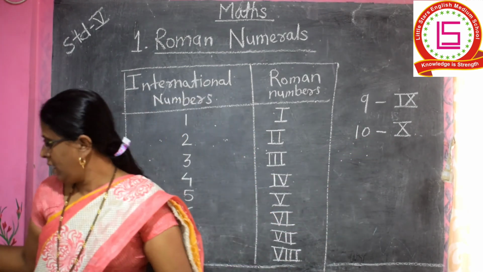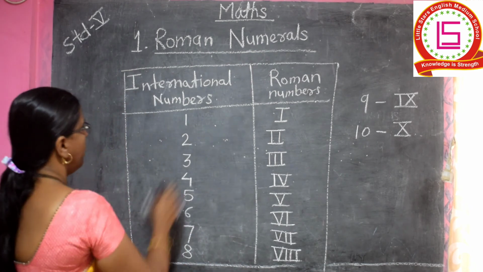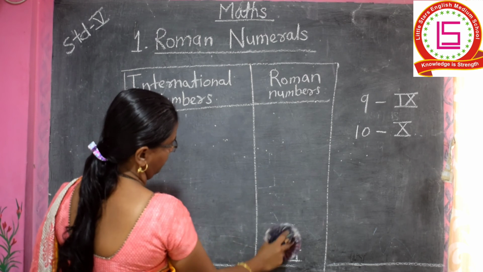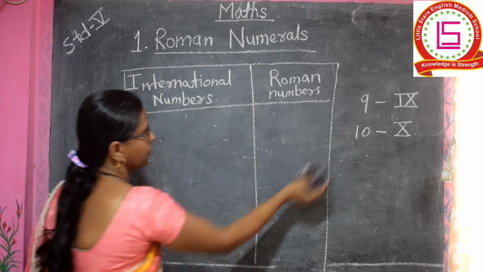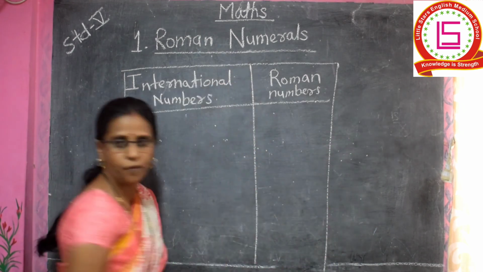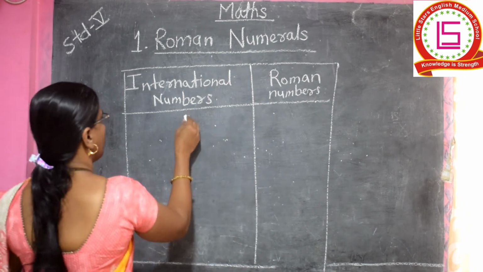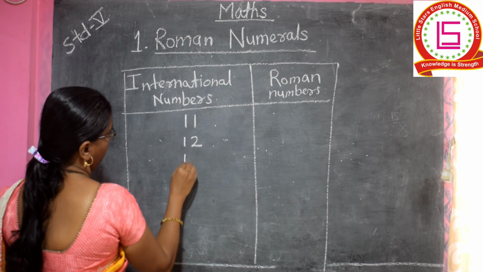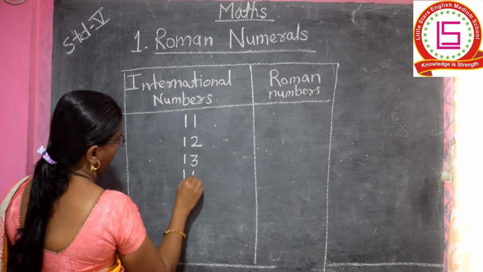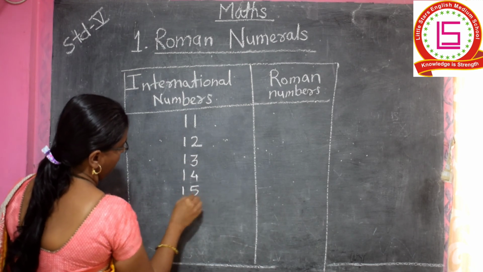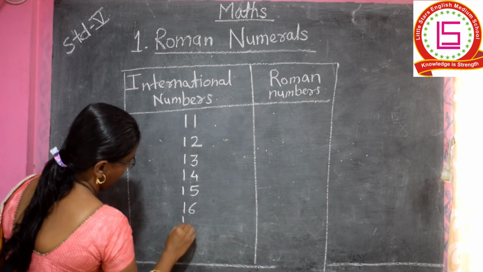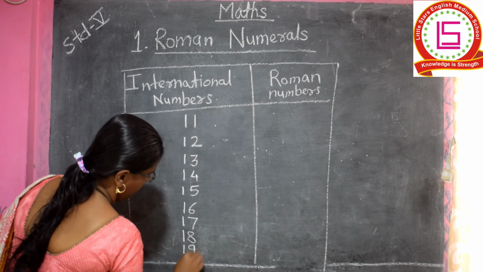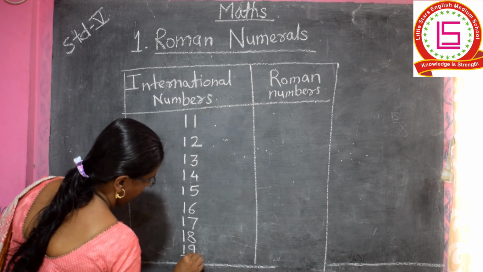Then after 10, you write 11 to 20. 11, 12, 13, 14, 15, 16, 17, 18, 19, 20.